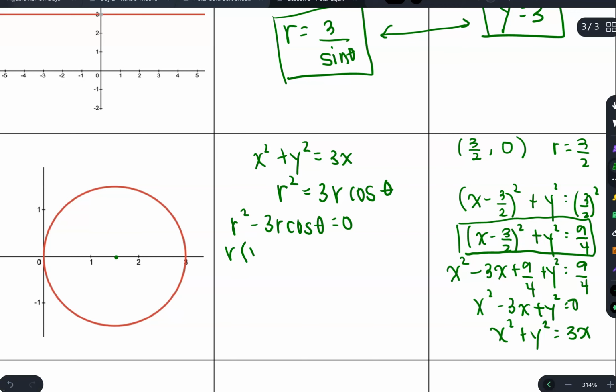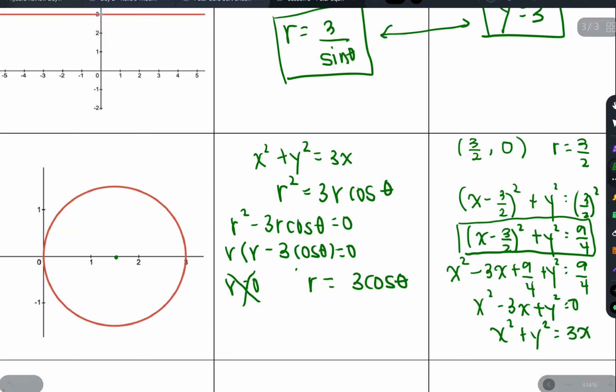Factor out an r, and we'll have r times r minus 3 cosine of theta. We'll set r equal to 0, and then r will be equal to 3 cosine of theta. That is not true because we know our radius is not 0. So those are going to be congruent forms there. Good.